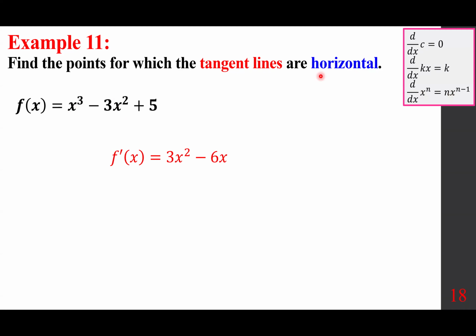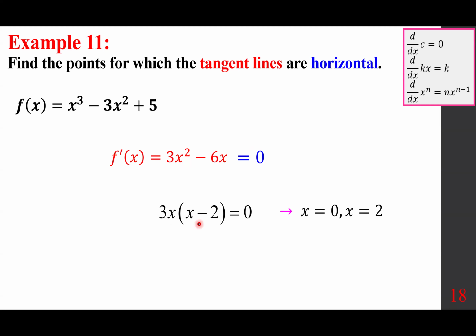If you're looking for tangent lines to be horizontal, that means you want f prime to be 0. Horizontal means set this one equal to 0. Factor the 3x out. 3x times x minus 2. This means x is 0. This means x is 2.